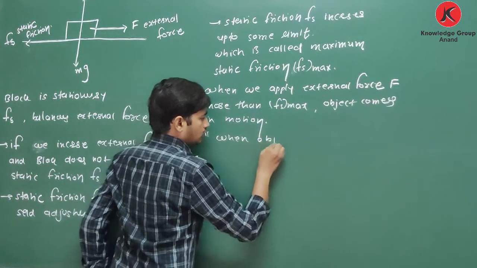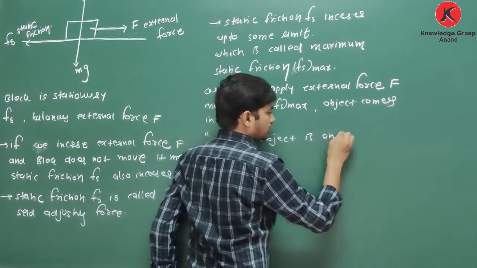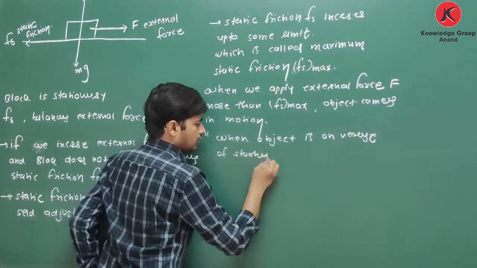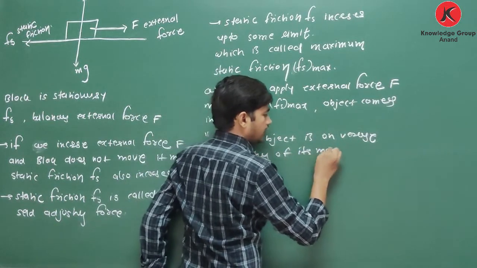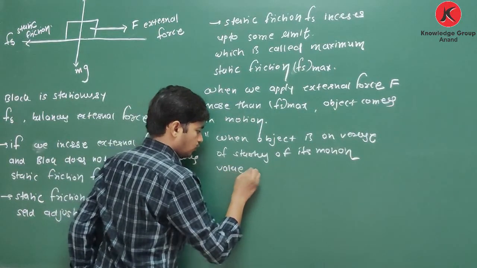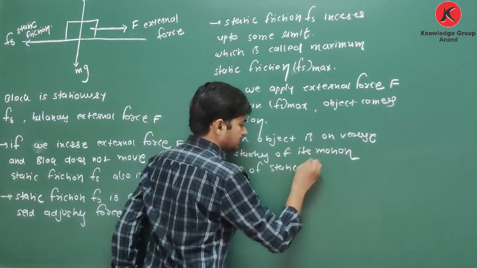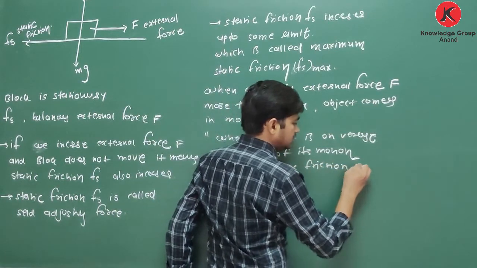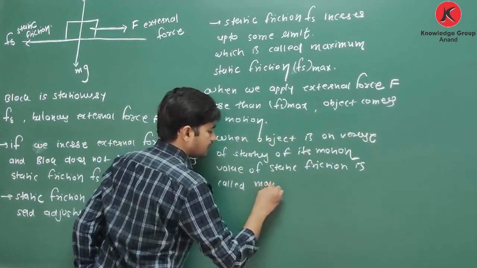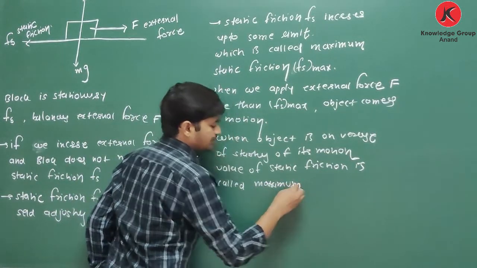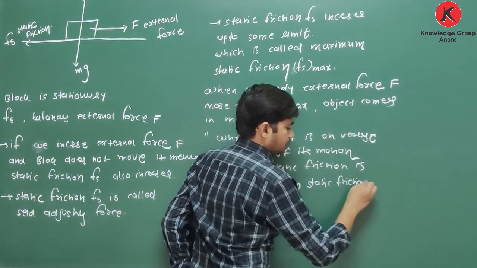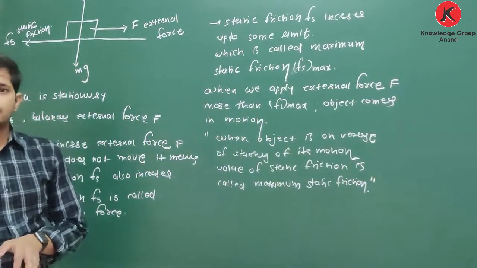When the object is on the verge of starting its motion, the value of static friction is called maximum static friction, Fs maximum. Clear about this?